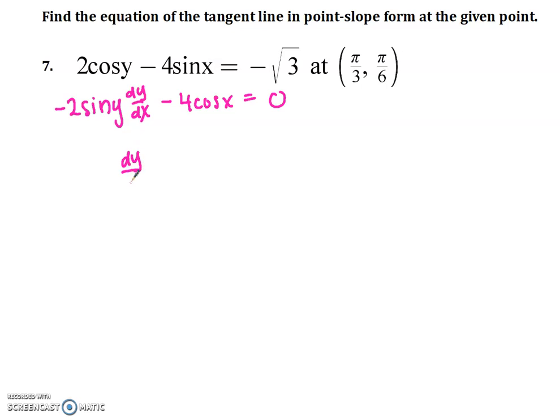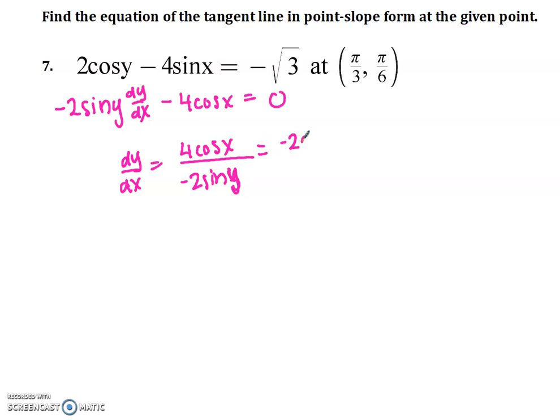So then to solve for dy dx, I'm going to move the term without the dy dx over, and then I'm going to divide by what's with the dy dx, and then I'm going to go ahead and reduce these. Sorry, this is a sine of y.